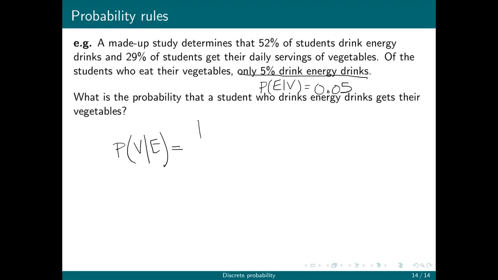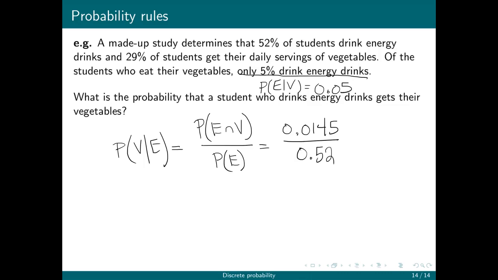So the formula is the probability of E and V divided by the probability of the given event, which is P of E. So that's 0.0145 divided by 0.52, which is 0.0279.